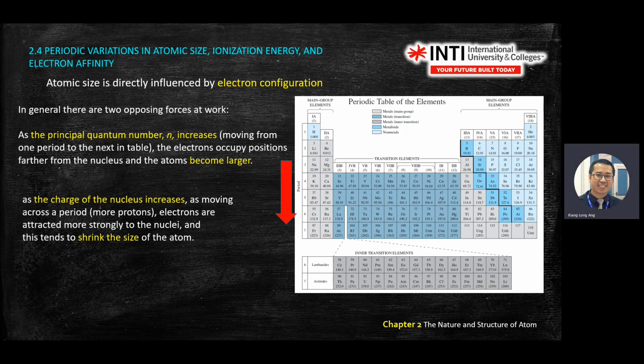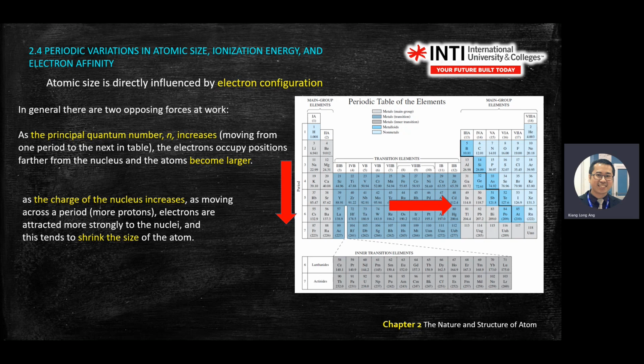There are two directions. One is going down, the n number, it becomes bigger and bigger. However, if you move from left to right, because we have more and more electrons, the electrons will pack and squeeze, and the size will shrink. Because with more electrons, the nucleus will pull the electrons in. Yeah, there are two directions.